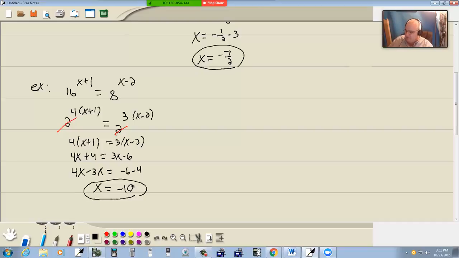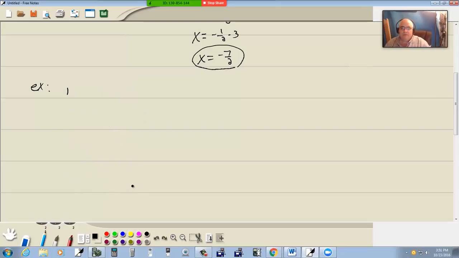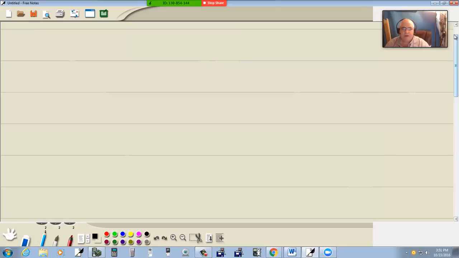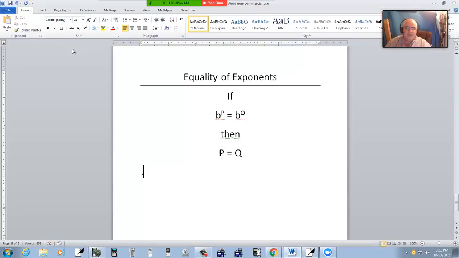Let's take a look at one that doesn't work. So for example, if I have 3 to the x is equal to 5. There's no way I can rewrite the 5 as 3 to a power. There's no way I can focus on both sides. So we have a general technique for solving exponential equations.